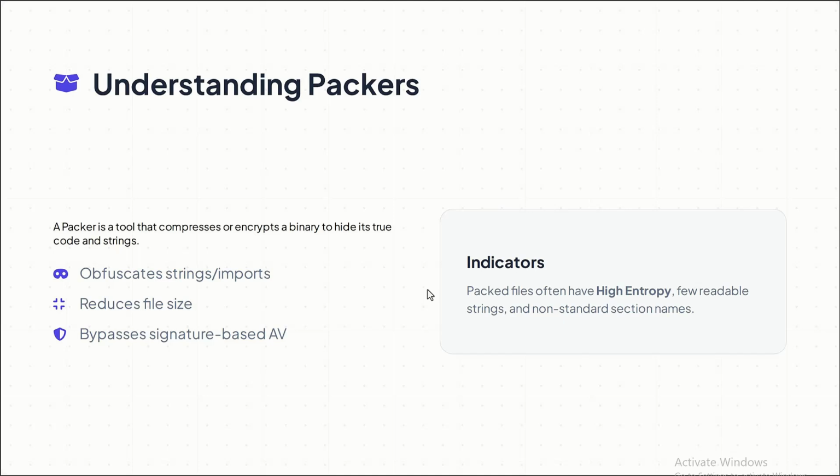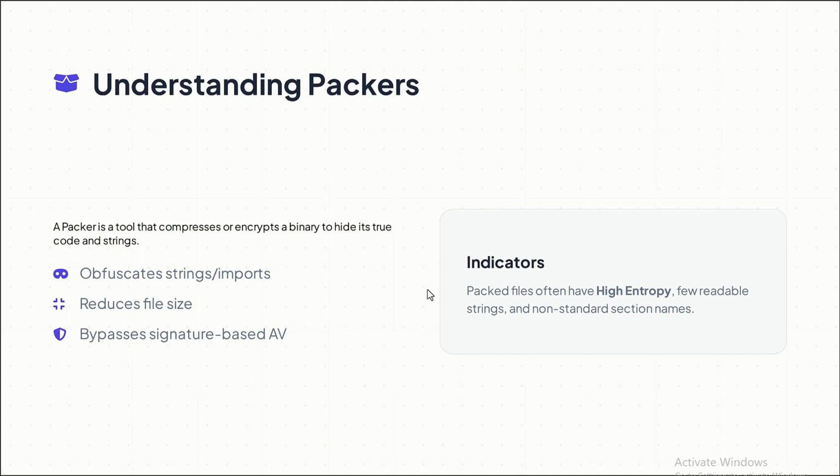So there are dozens of indicators that you can use to determine whether the sample is packed or not. One of them is high entropy. Normal software entropy could be 4, could be 5, but in a packed sample, the entropy moves to 7 and so on.